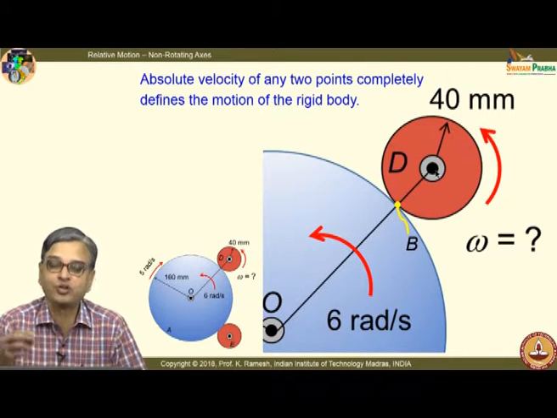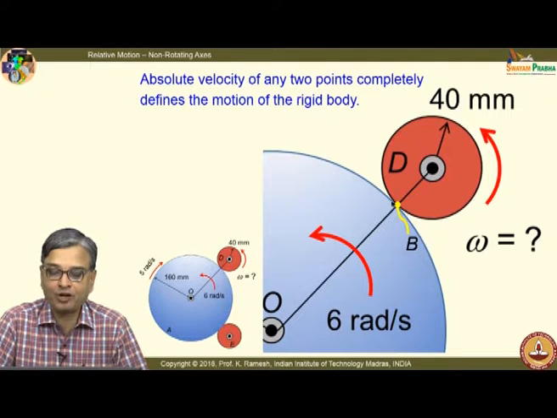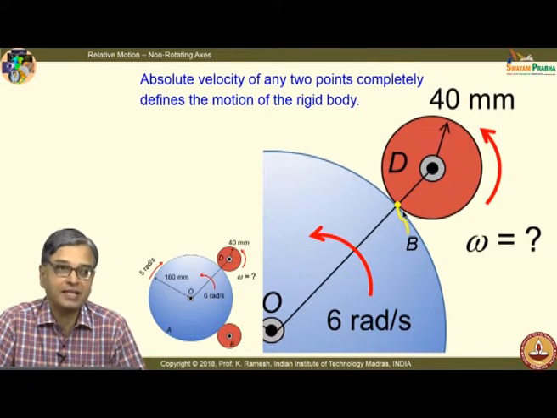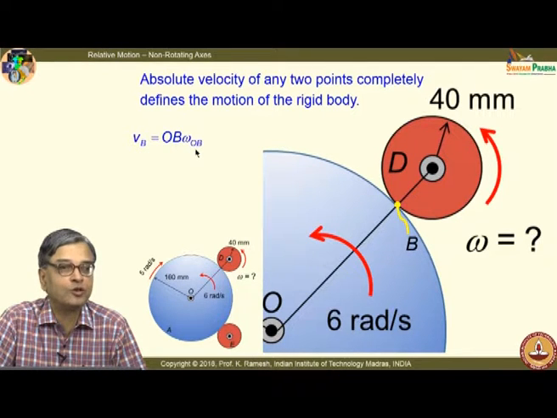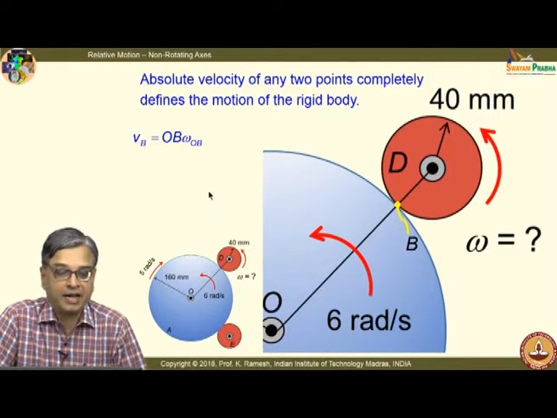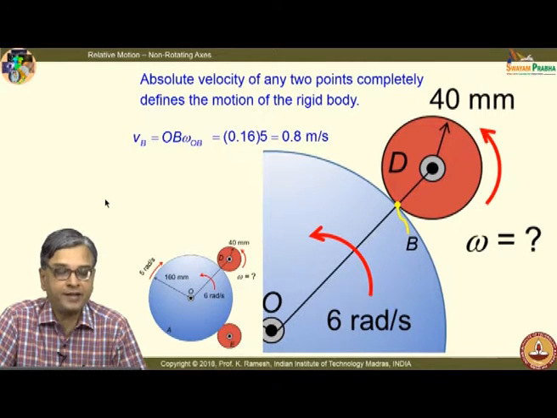Do I have the luxury to find the absolute velocity at B? Yes, I have. Vb is OB into omega OB. I know the absolute velocity at point B. And can I find the absolute velocity at point D?